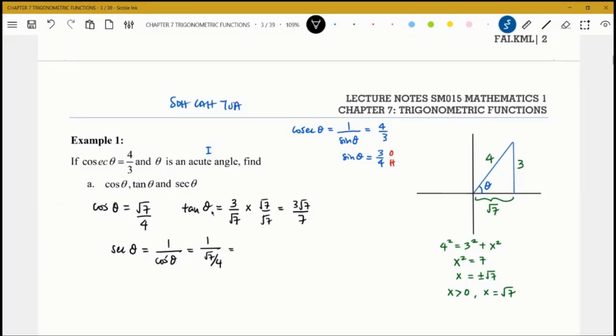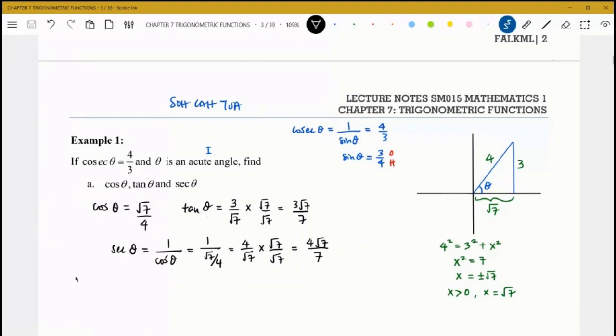So we bring up the 4, it's going to be 4 over square root 7, the same thing as this one. We can rationalize it by multiplying with square root 7 over square root 7. So technically it's going to be 4 square root 7 over 7. Okay, that one is the part A.